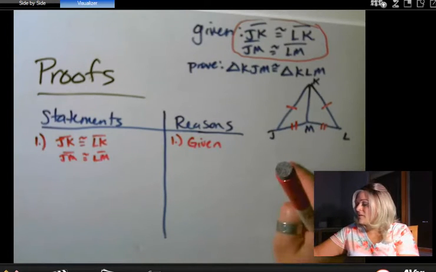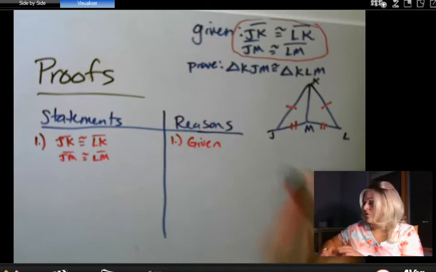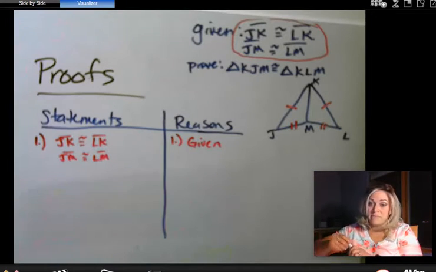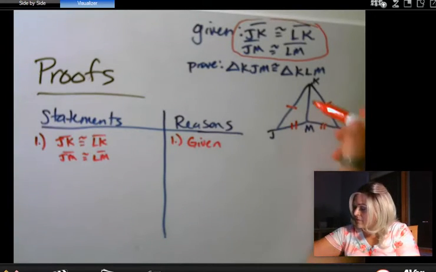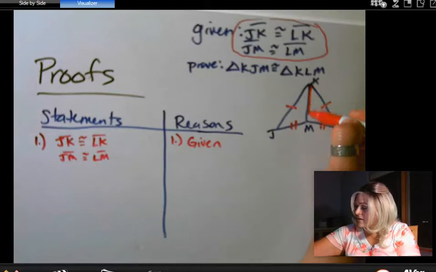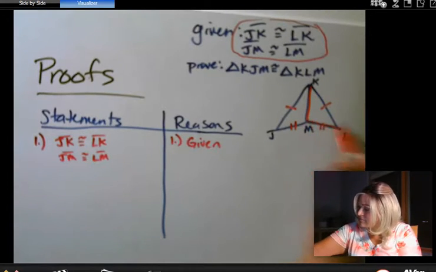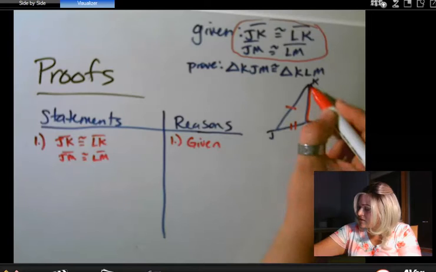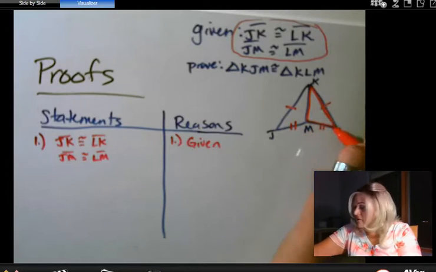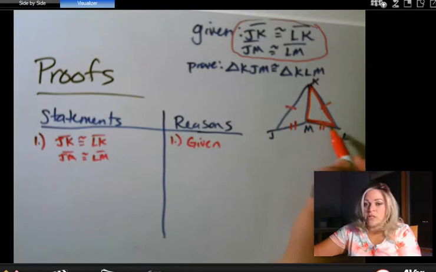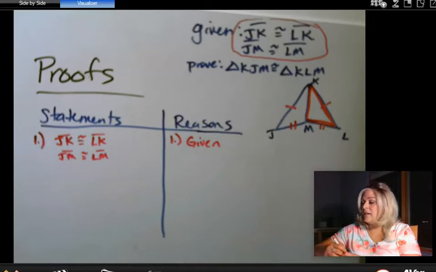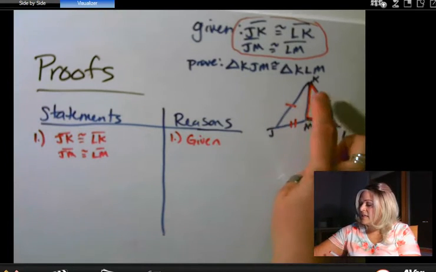So I look at this and I'm like, okay, you might not see it, especially if you're new at proofs, but I'm going to hopefully be able to share this with you. I'm going to color code it. This right here is an orange triangle. Kind of looks pinkish. Oh, kind of looks orange, I guess. Okay, this orange triangle right there is KLM.